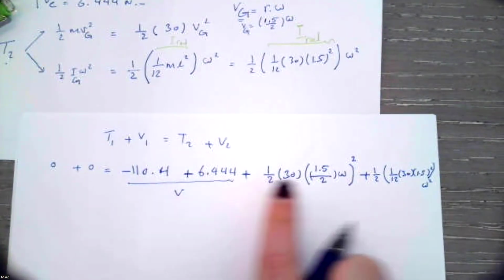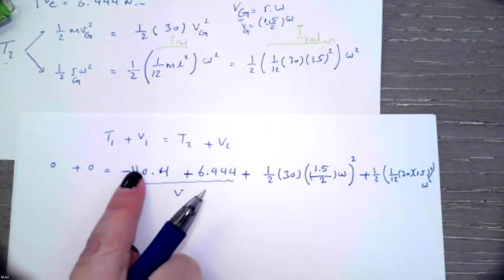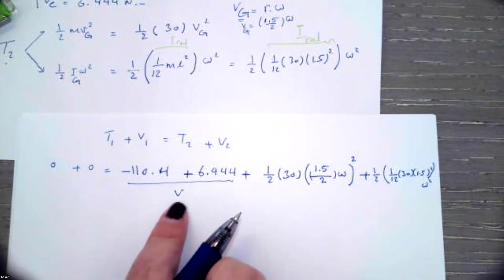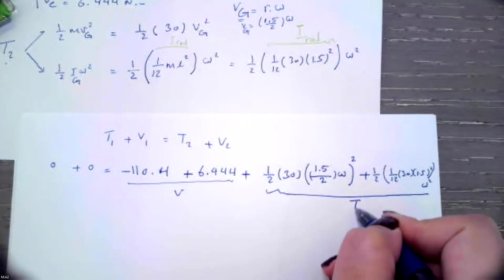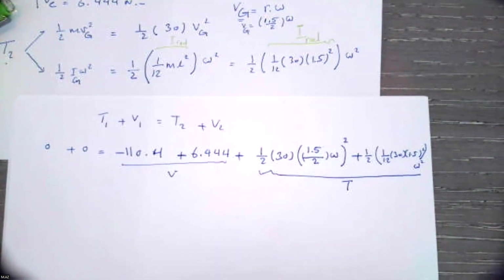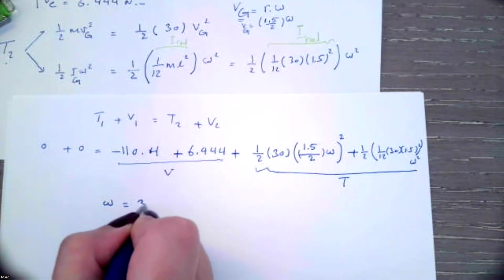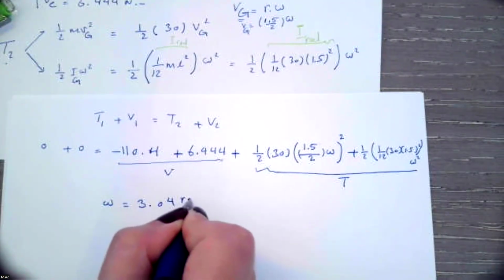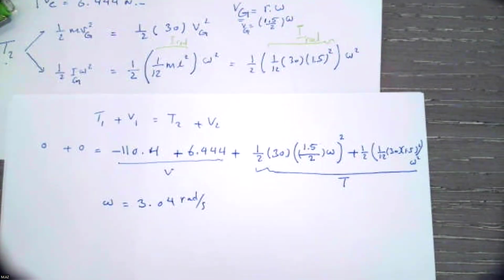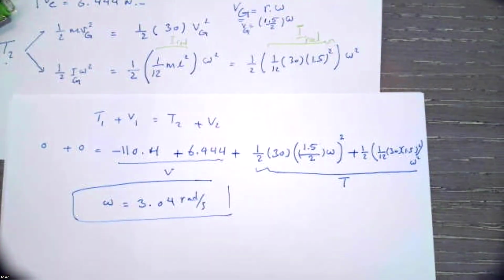Now we have one equation with one unknown. These two components are about the potential energy, and this is about kinetic energy. Once we solve this equation, the value of omega will be 3.404 radians per second. This is the answer to this problem.